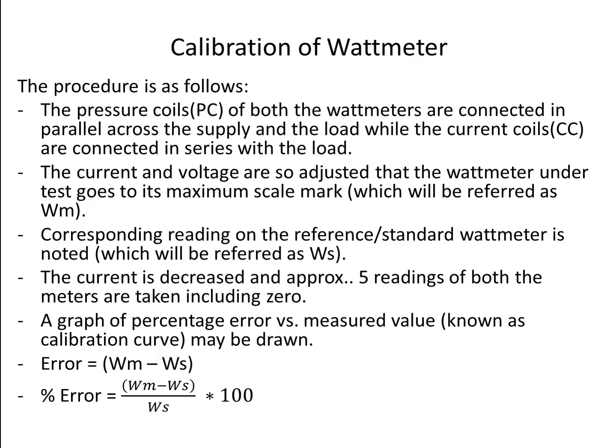Wm, that is measured value of the power, that is the reading of the test wattmeter, and Ws, true value of the power, that is reading of the substandard wattmeter. So error will be Wm minus Ws, percentage error will be (Wm minus Ws) divided by Ws multiplied by 100. Here also if you want, you can plot a graph of percentage error versus measured value, which is, as you know, known as calibration curve.